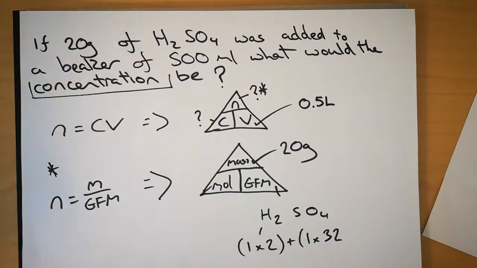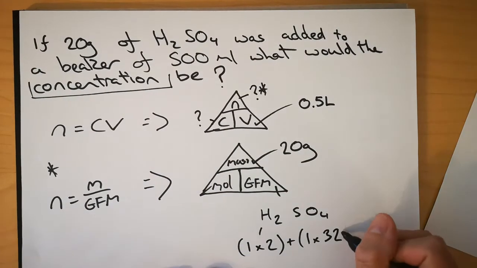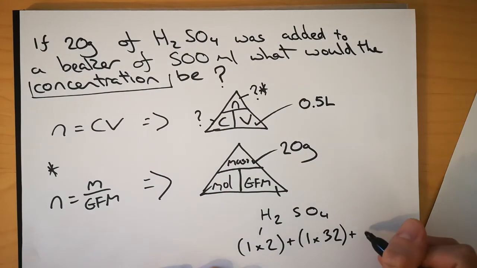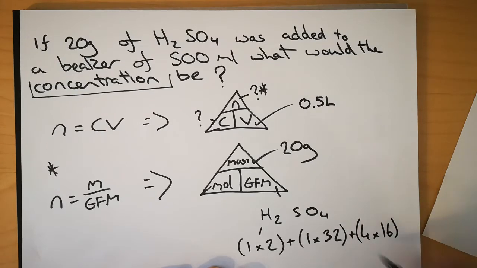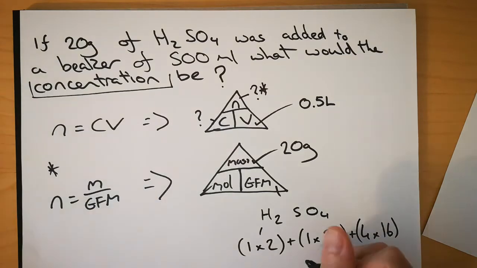Yes, it's 32.1 in the Advanced Higher one, but we don't need to worry about that. Plus 4 times 16. Now, that is going to give me the gram formula mass, so that's 2 plus 32 plus 64. That equals 98.